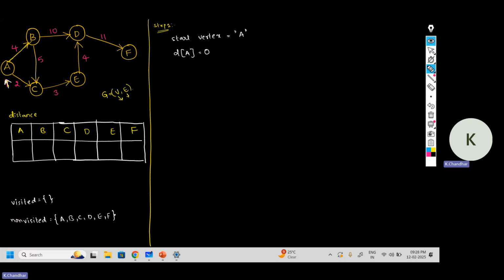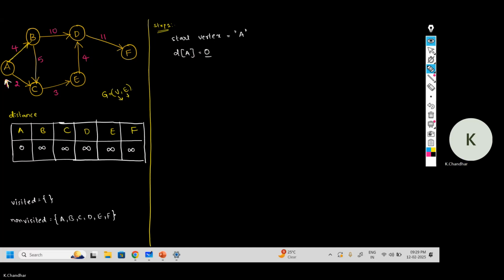Next, did I visit any other vertex till now? I did not visit any. When you did not visit, the remaining vertices you need to represent with infinity. Is that clear? So here, I am going to write the distance 0 at this place, and all the remaining distances I am going to represent with infinity.